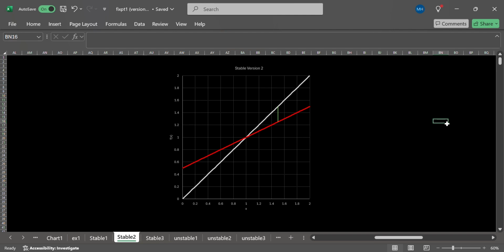So down to the left, down and to the left, and keep going until we get the desired precision.